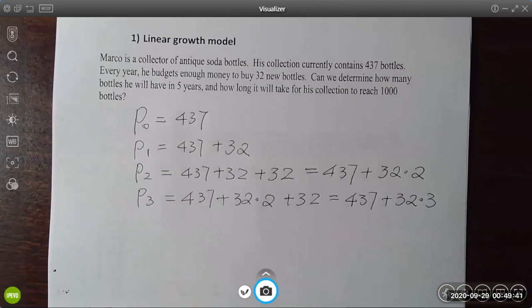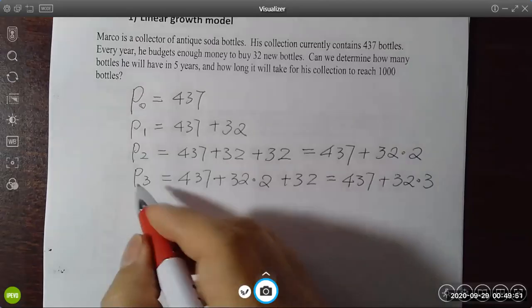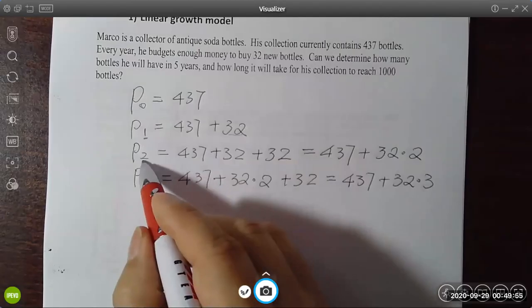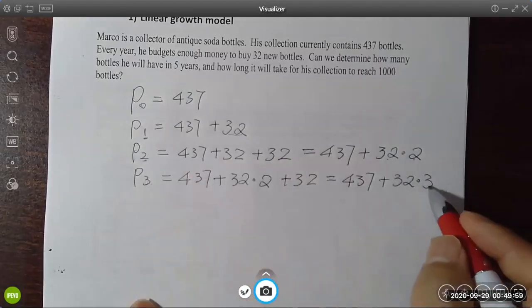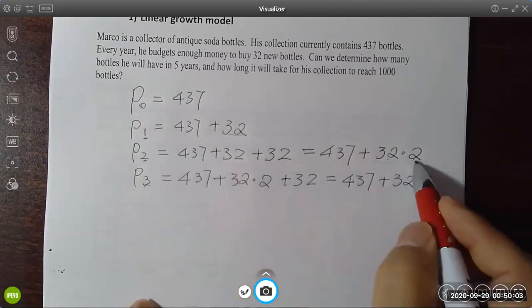Now we can continue writing this, but by now you may realize what's happening. If this is 1, you have one 32. If this is 2, you have two 32s. If this is 3, you have three 32s. So these numbers are always the same, and that's the pattern.